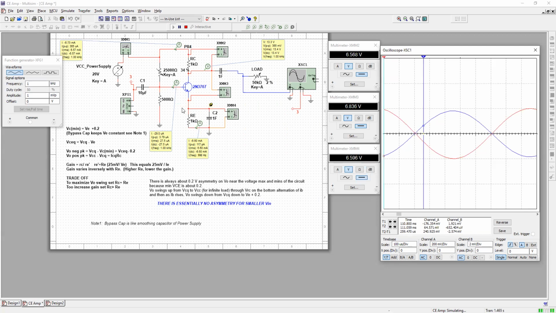So we see RE should stay pretty flat at 6.596 volts. The capacitor, however, is going to be a sink and a source of the alternating current. It's going to sink the alternating current that rises, and when that alternating current falls, it's going to become the source to keep the current constant at the emitter resistor. Fine.